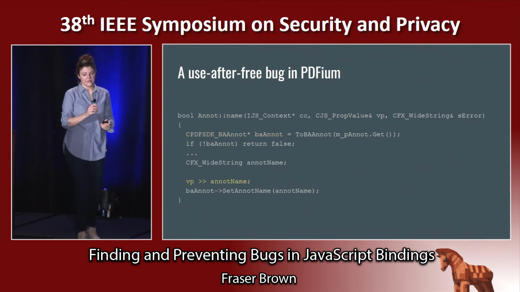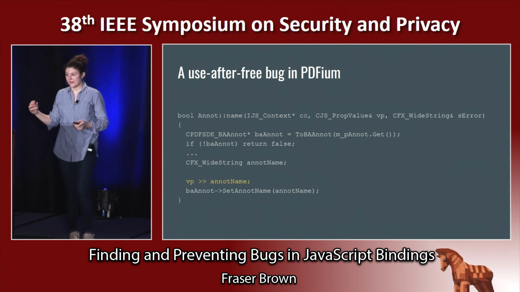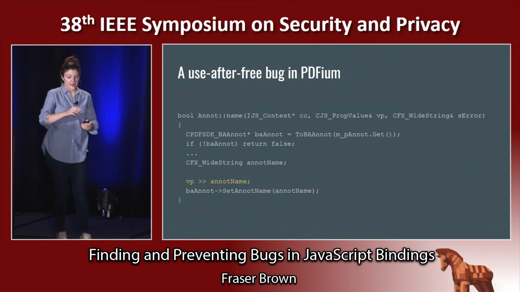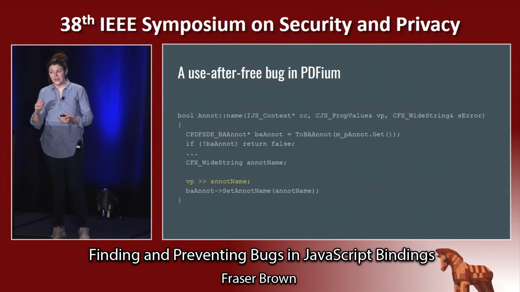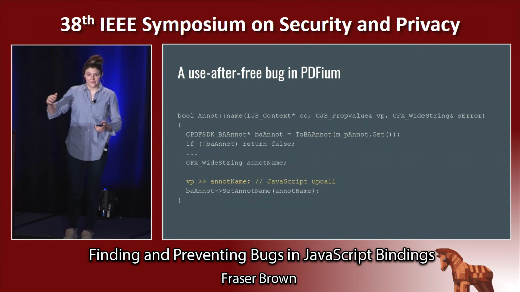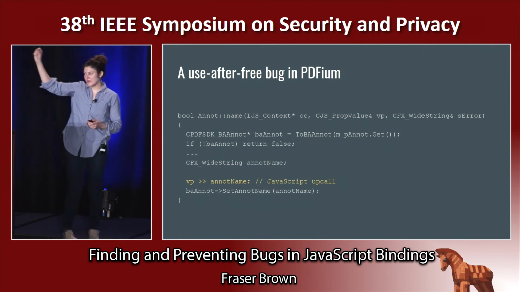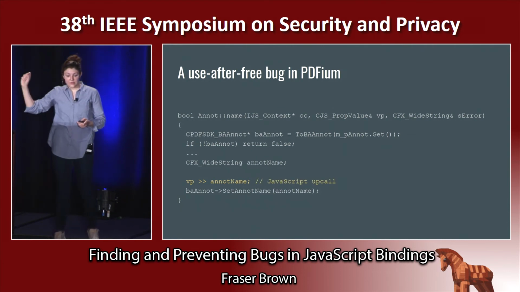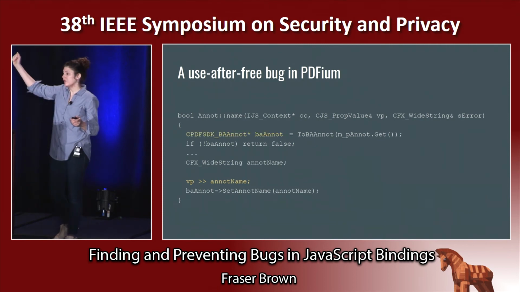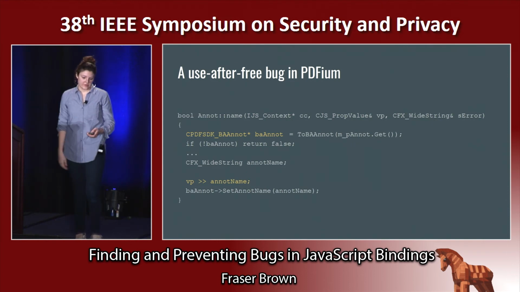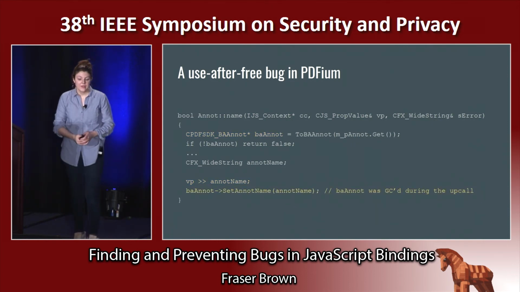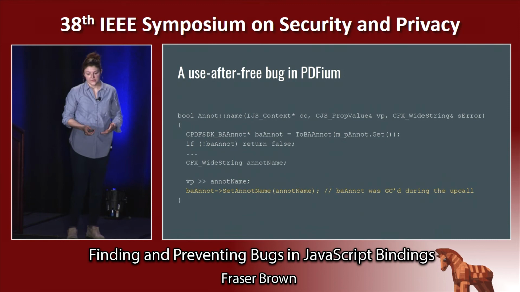It's supposed to be assigning VP to be the new annotation name, but PDFium has overridden that right shift operator to be an assignment operator and to call into V8 functions that upcall into user JavaScript. So this line here upcalls into user JavaScript. And in user JavaScript, we can remove that annotation field. Just get rid of it from the PDF, force garbage collection, and then on this line here, BA_annot no longer exists because it was garbage collected during that upcall.